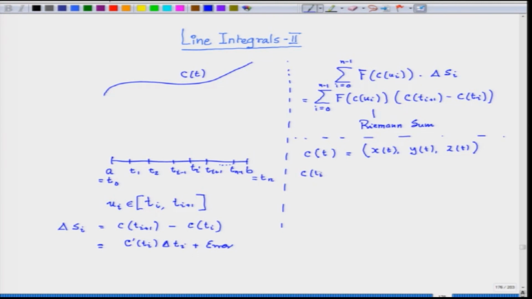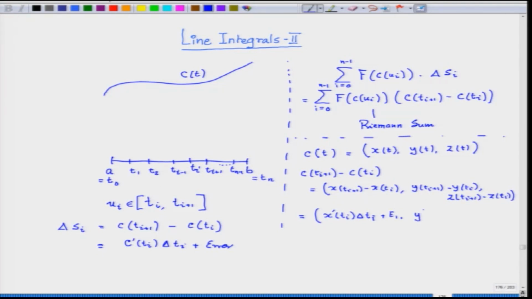So, C(ti plus 1) minus C(ti) is a vector given as x(ti plus 1) minus x(ti), y(ti plus 1) minus y(ti), z(ti plus 1) minus z(ti); these are functions from R to R. You will write the first order Taylor's expansion: x dash (ti) delta ti plus error E1, y dash (ti) delta ti plus error E2, and z dash (ti) delta ti plus error E3.